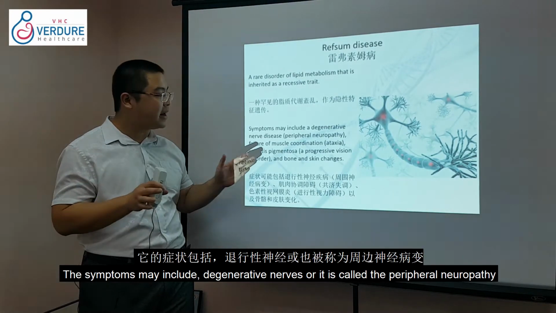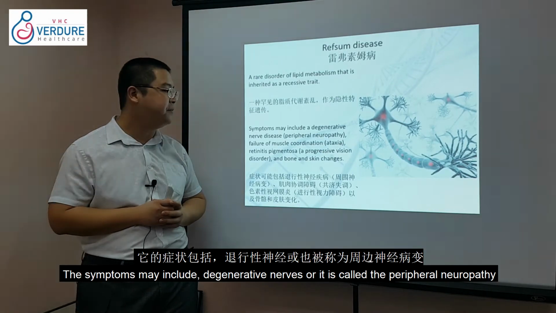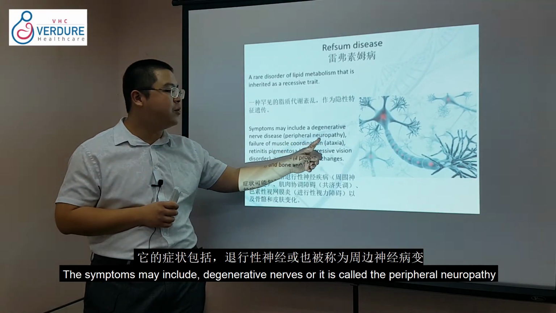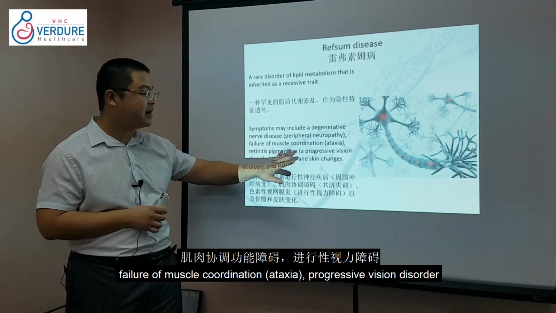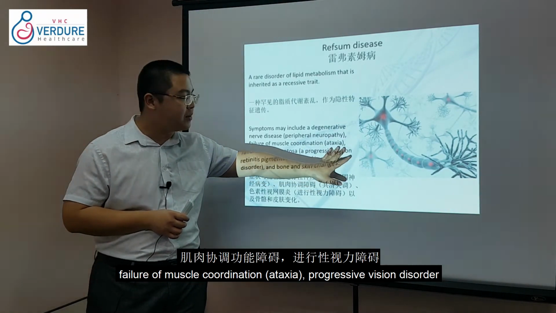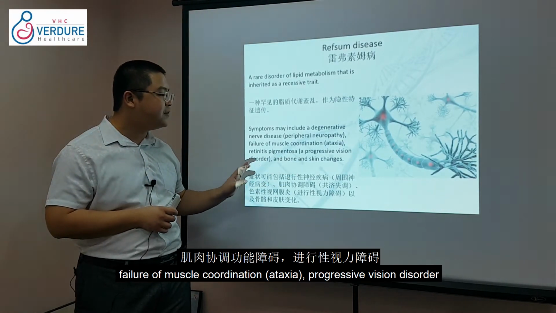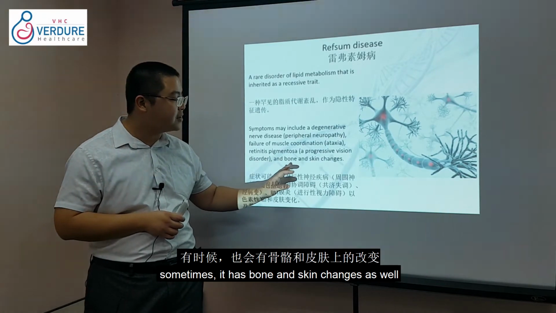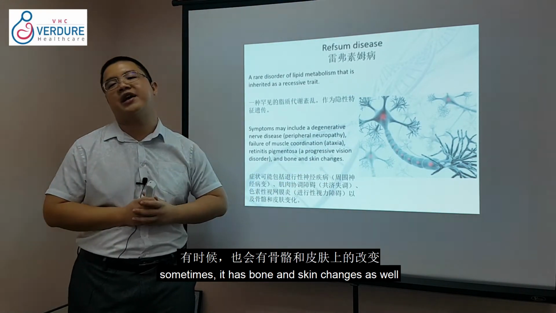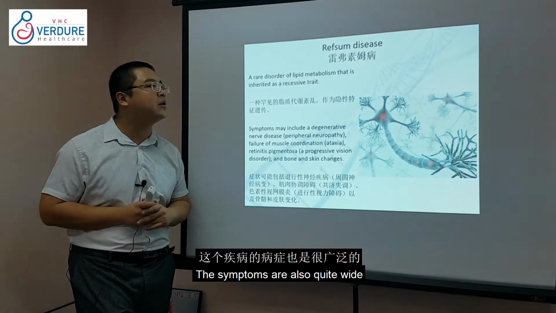The symptoms might include degenerative nerves, sometimes called peripheral neuropathy, or failure of muscle coordination, also known as ataxia. It is also a progressive vision disorder, and sometimes it has bone and skin changes as well. So the symptoms are also quite wide.